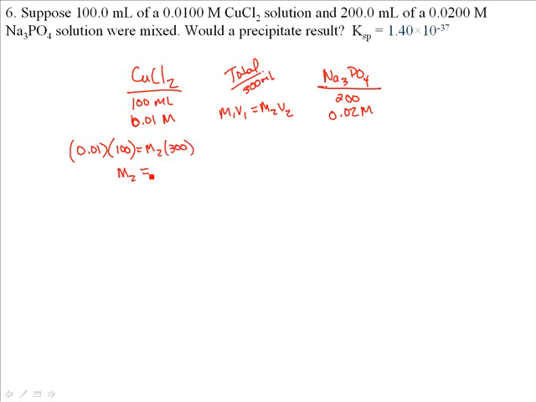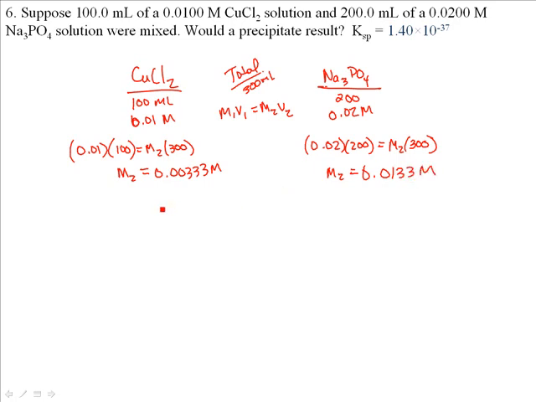Therefore, our new concentration, or our diluted concentration, is 0.00333 molar. For the sodium phosphate, we have 0.02 times 200 equal to its new concentration times a total of 300 milliliters, which gives us a concentration of 0.0133 molar.